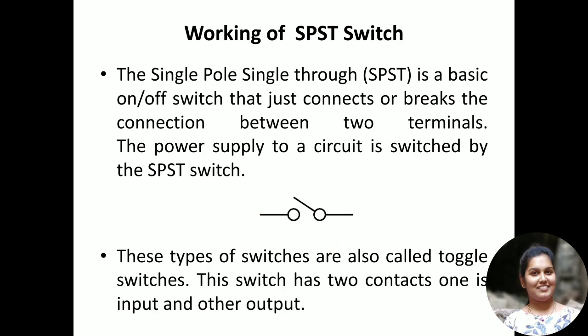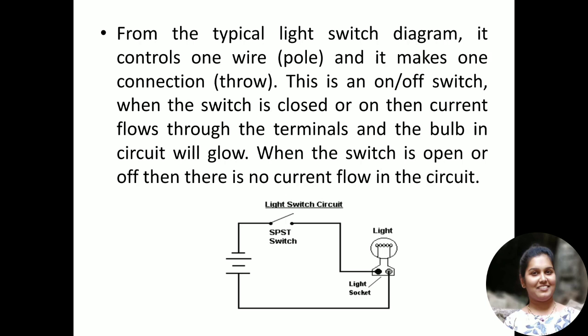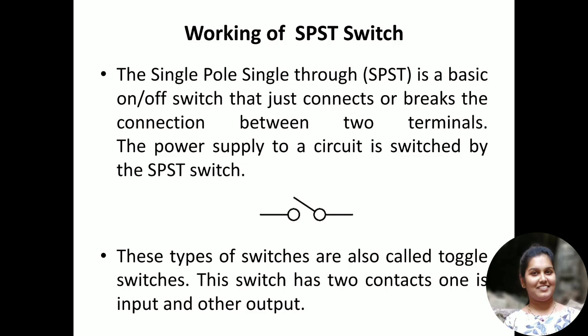This switch has two contacts, one is input and the other is output. From the next diagram shown in this slide, we'll see a typical light switch diagram. It controls one wire, that is one pole, and it makes one connection, that is one throw.